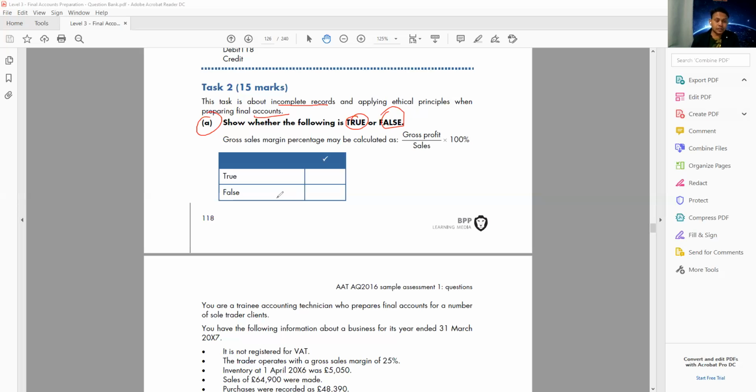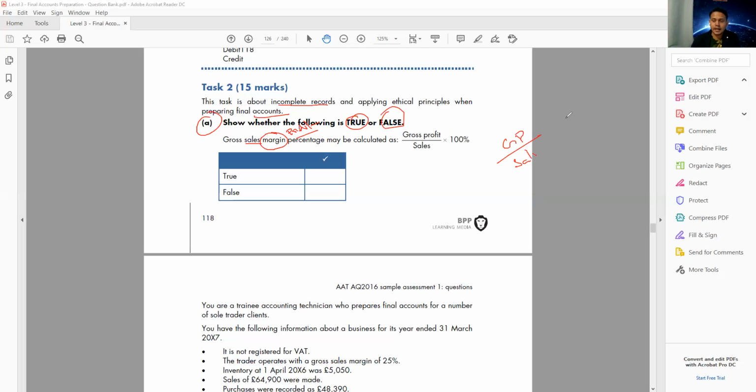Remember, any margin means the profit. And any profit we calculate on sales. If I said gross margin, my gross profit will be on the top, GP, and sales will be on the bottom.